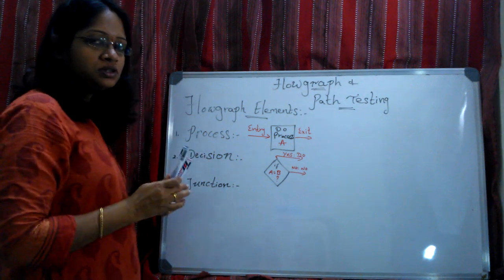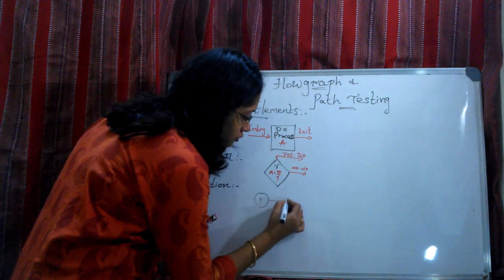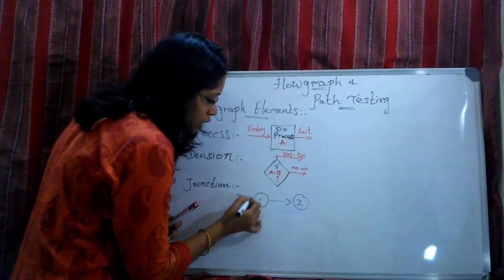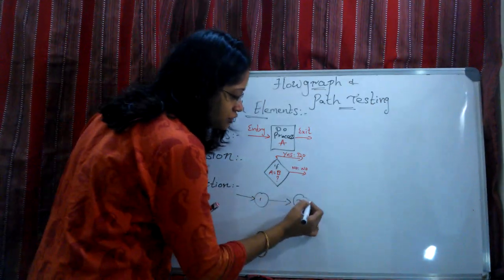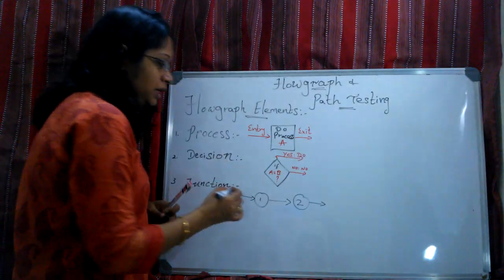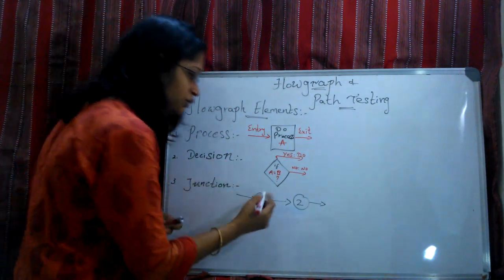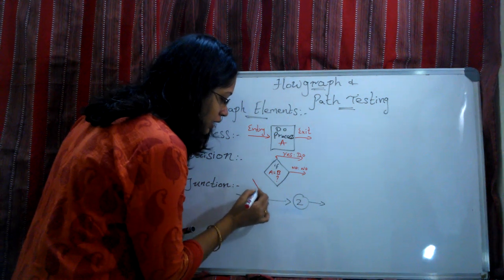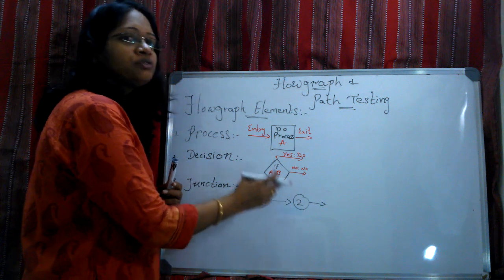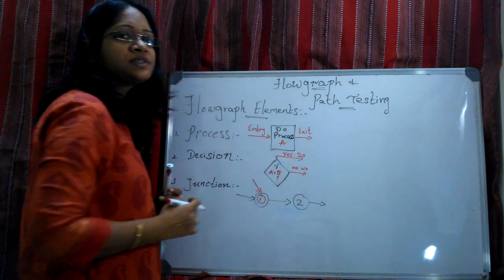But in the case of junctions, consider this is one junction and 2 is one more junction. We give one input and it reaches the second output and it continues. But while one process is going on, any other interruption can appear here, the format of that particular value will be changed and it moves to the second one.